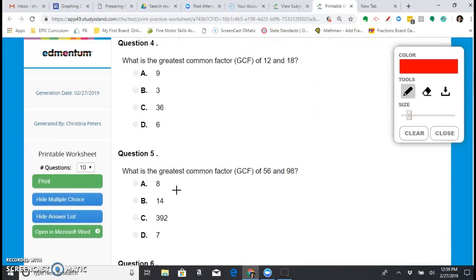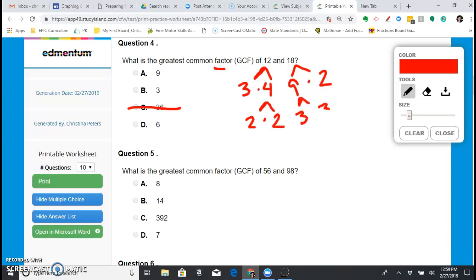Greatest common factor of 12 and 18. Factor, again, means what multiplies to be those numbers, so it can't be C. You already knocked it down to 75% chance right. 12 is 3 times 4. 18 is 9 times 2. 4 is 2 times 2. 9 is 3 times 3.